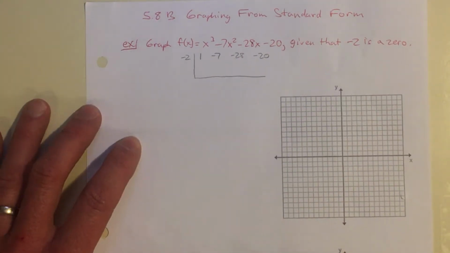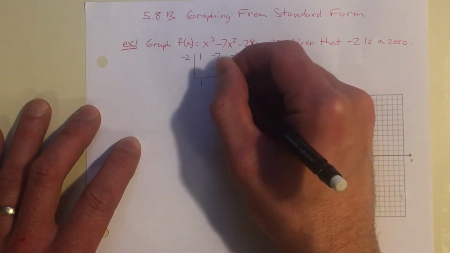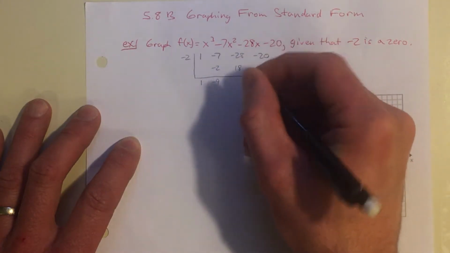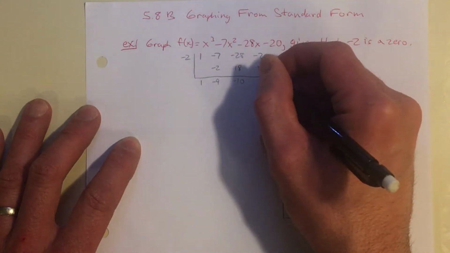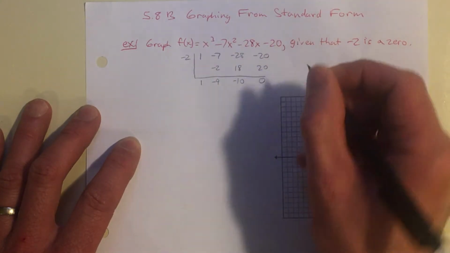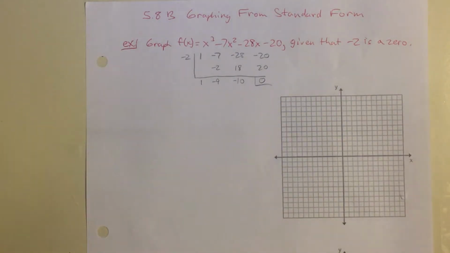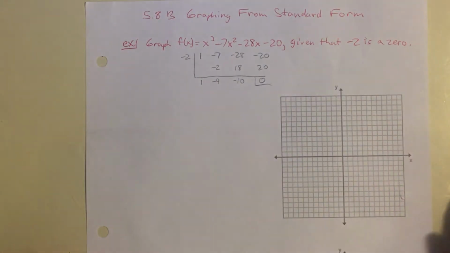And then if you recall how synthetic division works, bring down the first one, multiply, add, multiply, add, multiply. And sure enough, we get a remainder of 0, which we knew would be the case because we were told that negative 2 is a 0, which means it'll divide into it cleanly.